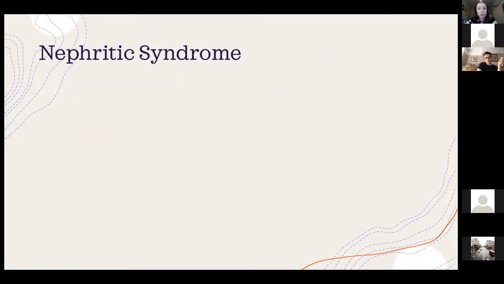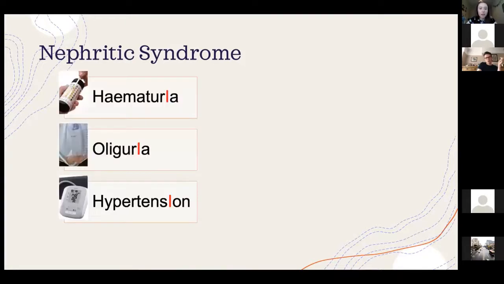So now I'm going to talk about nephritic syndrome. With nephritic syndrome, I will focus on the eyes. With nephrotic, focus on the O's in the underlying pathophysiology. In nephritic, you focus on the eyes. These eyes are hematuria, oliguria, and hypertension, which doesn't quite work, but you can see an eye there.